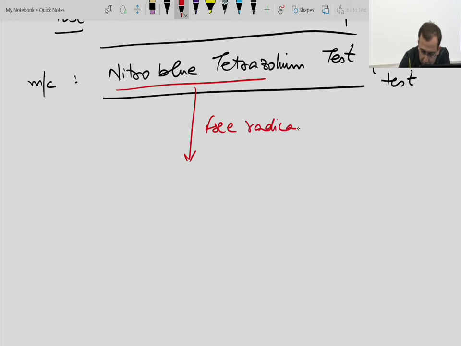Nitroblue tetrazolium in presence of free radicals is converted to formazan.